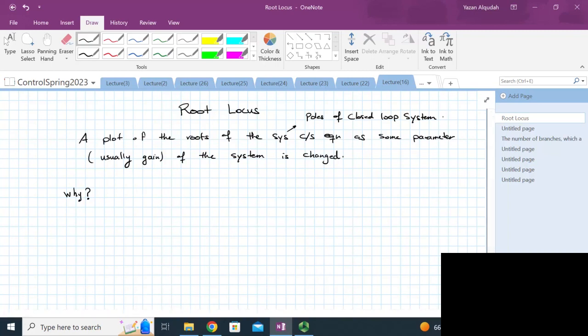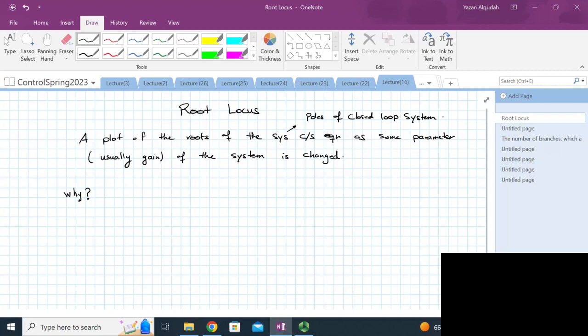So then you can get the main shape of the system without having to plot every single point? Excellent. Yes, that is why being able to generate the graph is important. But why do I want to know where the poles of these systems are? So you can determine if it's stable? I can determine if it's stable.